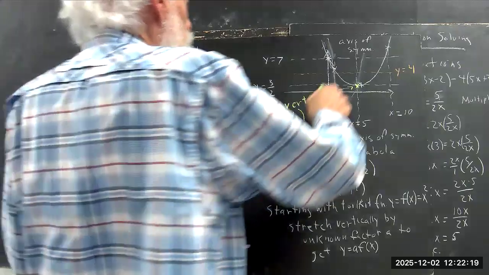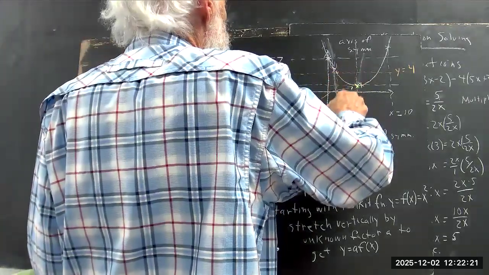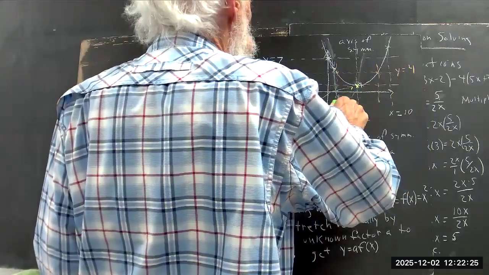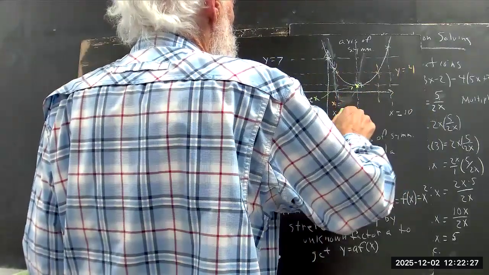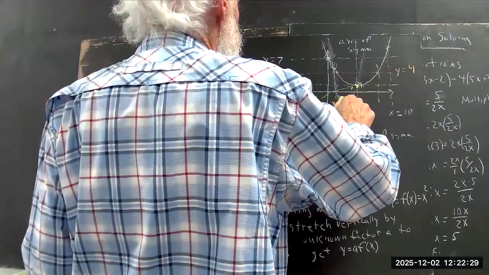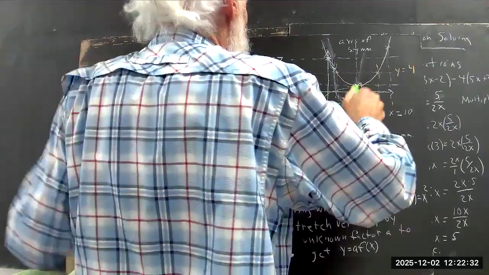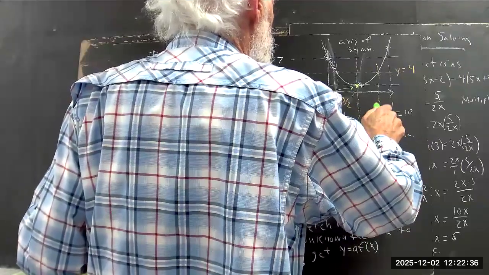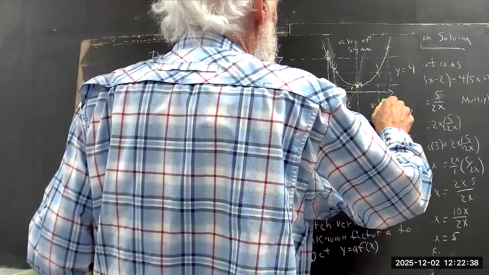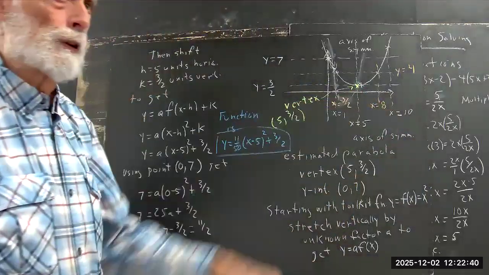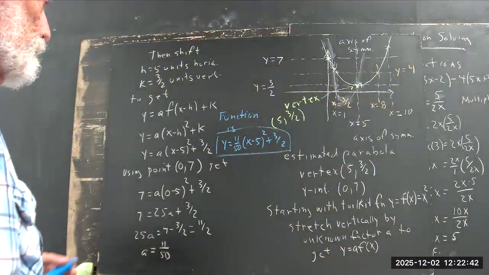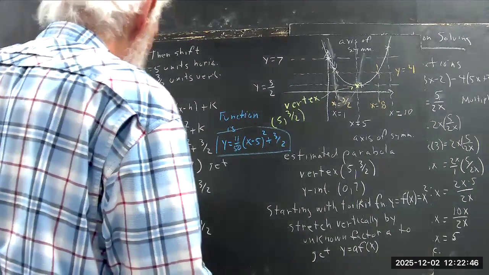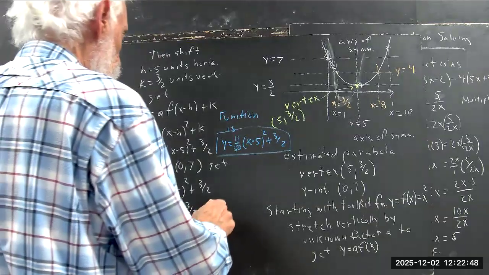We can estimate our solutions. y equals 4. That may be x equals 3 halves, and this is 1, this is 5, this is 10, this is x equals 8. Those are our estimates. Well, solving the equation, which I didn't leave myself much room to do, but I'm going to squeeze it in down here.